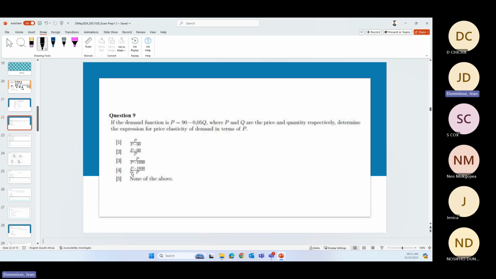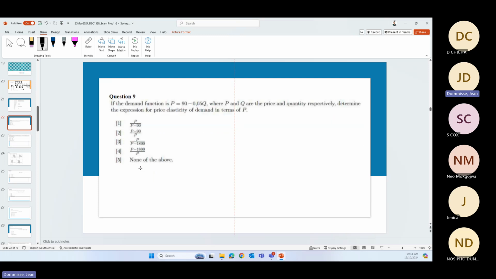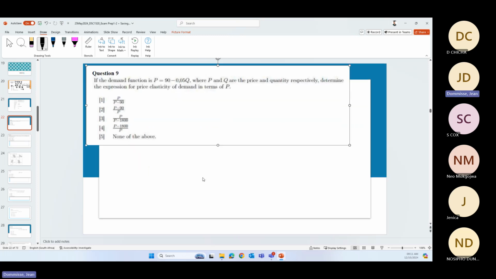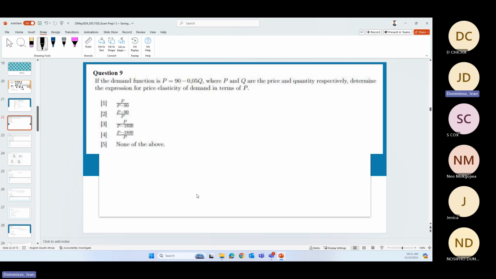Okay, so let's go into your study unit 2, 3, 4, where we looked at demand and supply curves. I think we looked at something very similar last week.